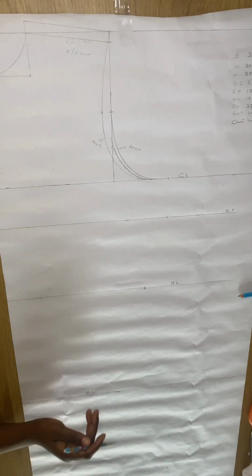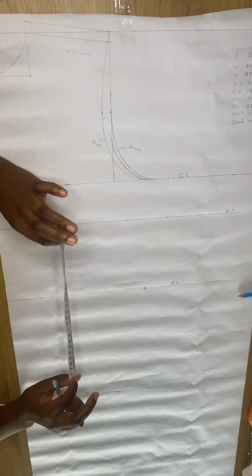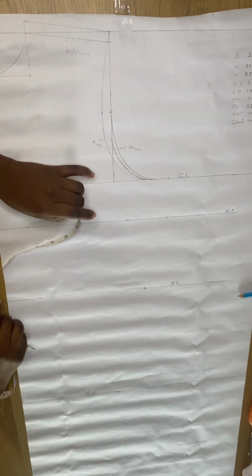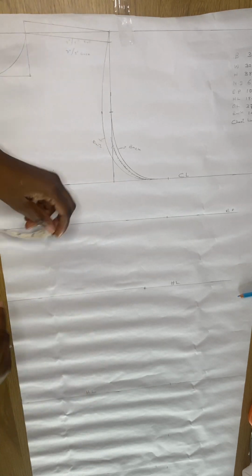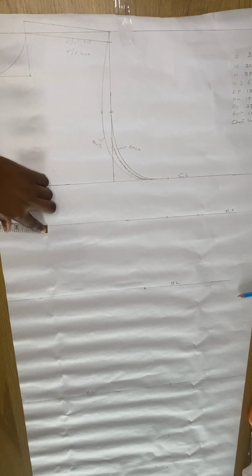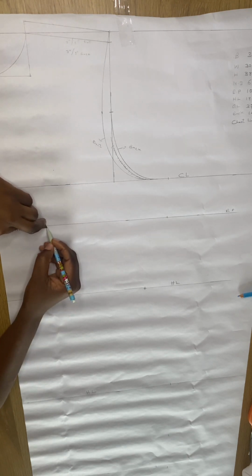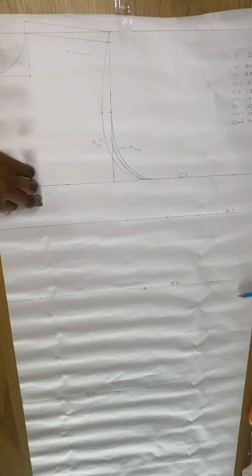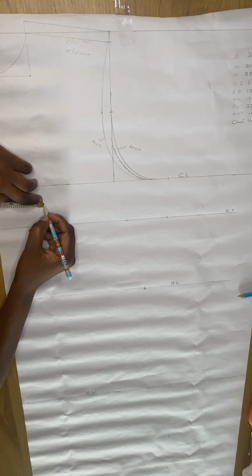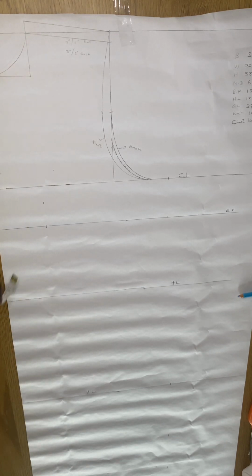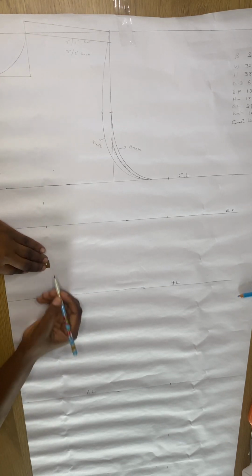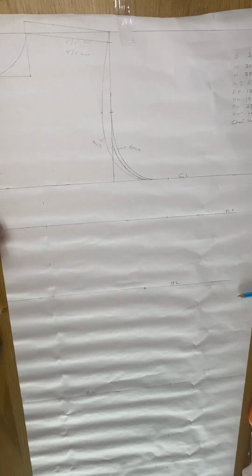So for our, what's it called? For darts, yes, for darts. My nipple distance is 6 from the middle point. You take your 6 divided by 2 is 3 inches. 3 inches to the waist. Let's roll it out.